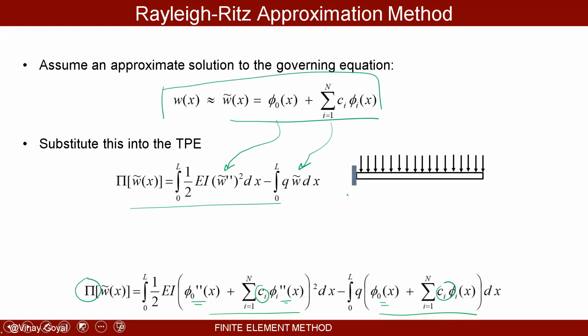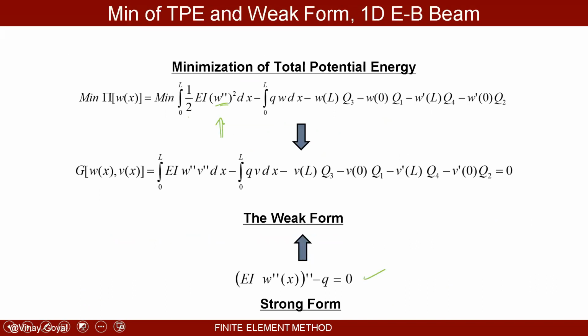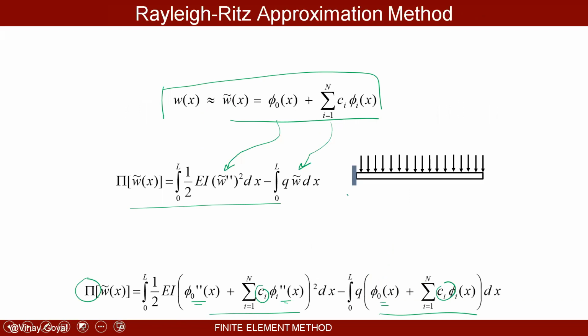And why is that? I already told you that from the strong form, we develop the weak form. Minimization of total potential energy implies a weak form, but the weak form comes from the strong form. So therefore, minimizing pi relative to an approximation you make on W is also solving that equation indirectly. That's what we're talking about here.